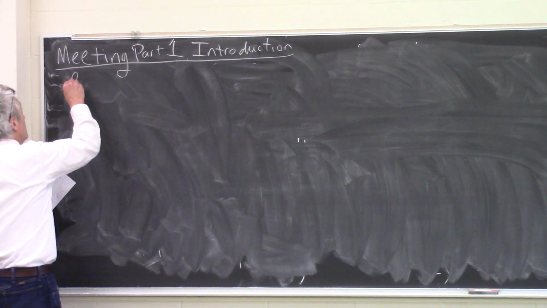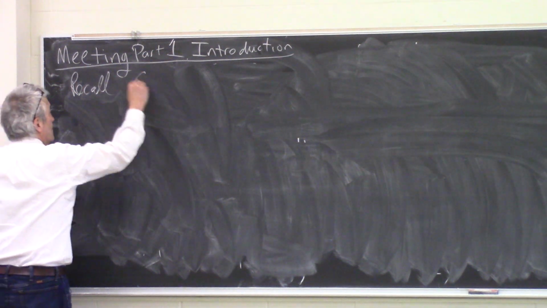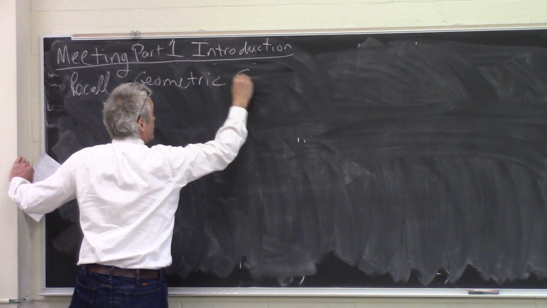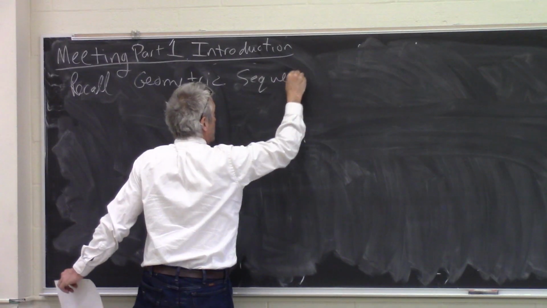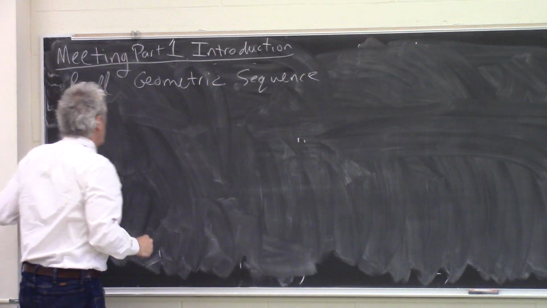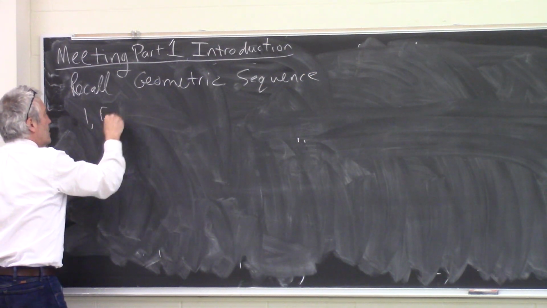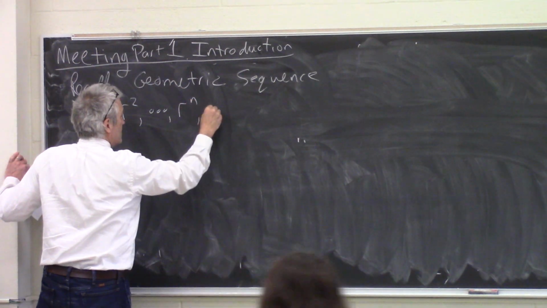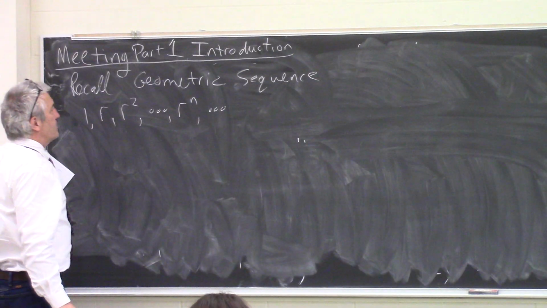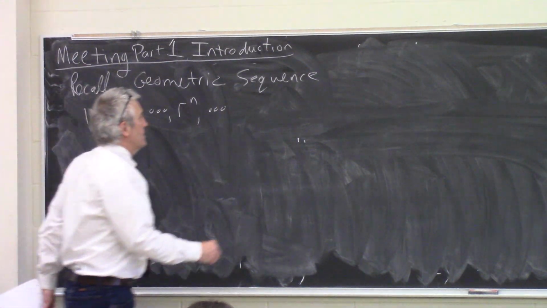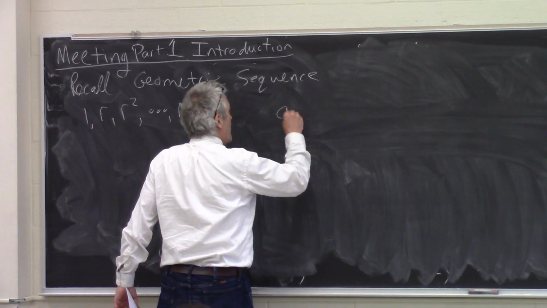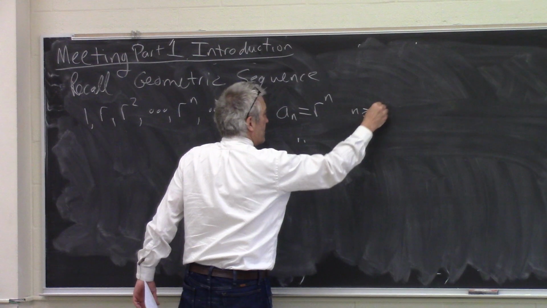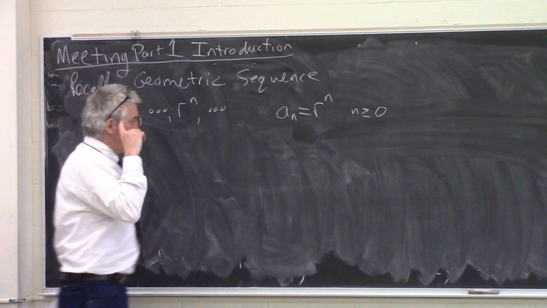So recall the geometric sequence, which is 1, r, r squared, r to the n. So this is the formula a_n equals r to the n for n greater than or equal to 0.